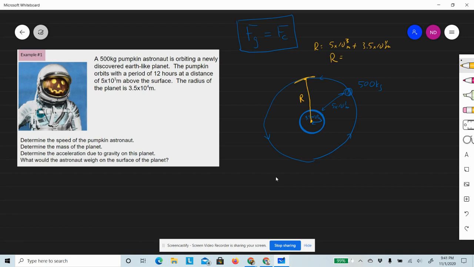So the distance the pumpkin astronaut is from the center of the planet, 5e3 plus 3.5e4, is going to be 40,000 meters. Okay, r is really 40,000 meters, or you could say it's 4 times 10 to the fourth meters. That is the distance the thing orbits. All right, now we're ready to actually start the problem.